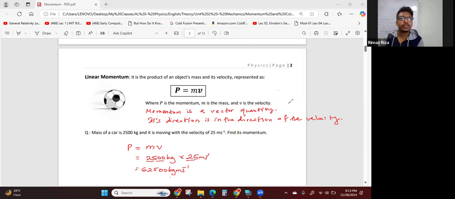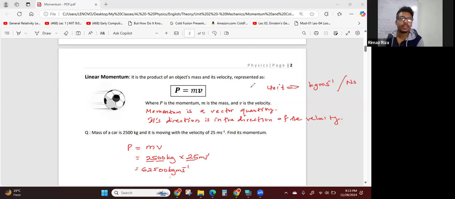Okay, so by the way, here we want to write the unit of momentum. Unit is kg m s minus 1, kilogram meter per second, or else we can use another unit, Newton second.